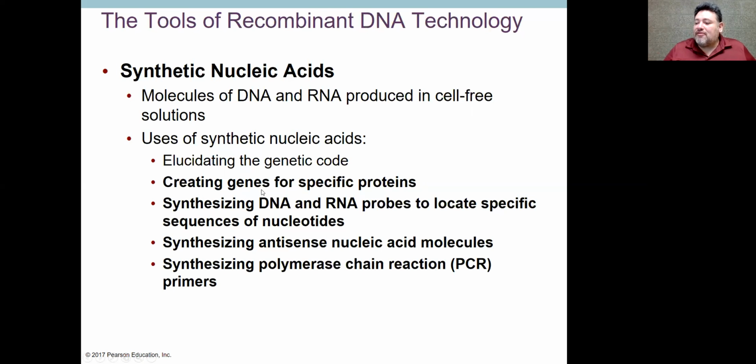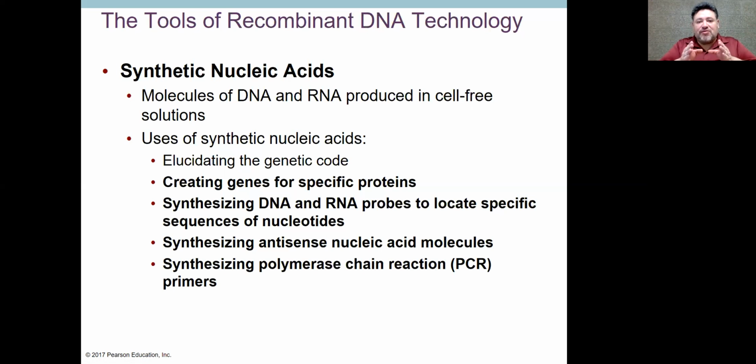So for example, one of them is to produce the genes necessary to express certain proteins, okay? We're gonna talk about making DNA and RNA probes. What's a DNA or RNA probe? Well, let's say that you have a piece of DNA. You're looking for a particular sequence of nucleotides in that DNA.